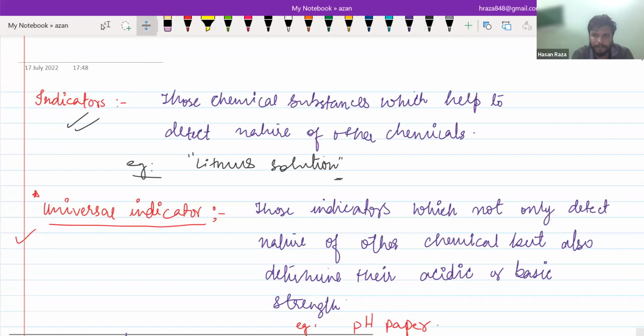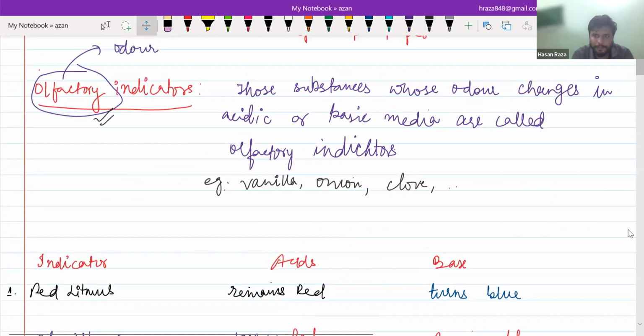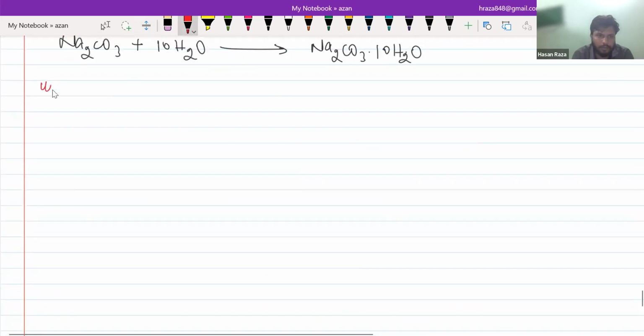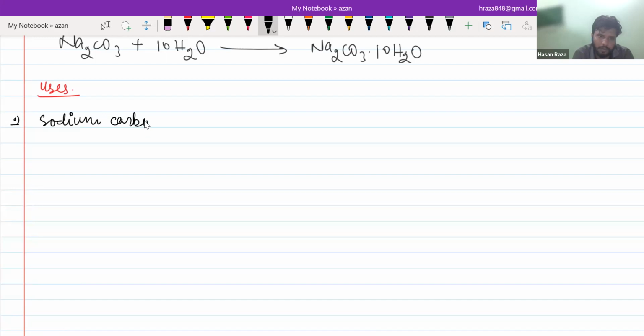Very good. Now we are going to see what are the uses of this washing soda. Sodium carbonate, that means washing soda, is used in glass, soap, and paper industries.